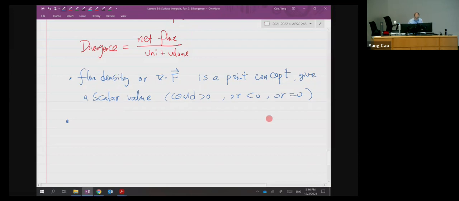So del dot F gives the amount of flux either entering or leaving a point.